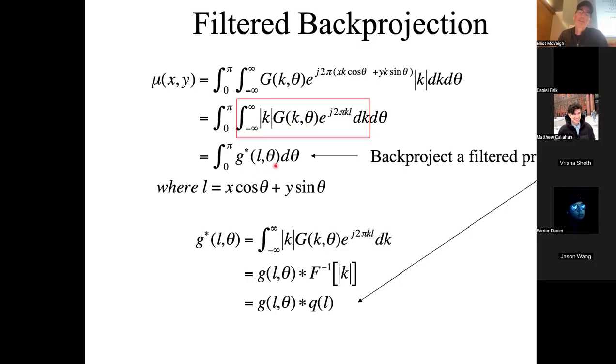And so that gives me something related to GL theta, but we put a star there because it is not GL theta. It's this thing. Okay. And so that's written explicitly here that this G star L theta is the inverse Fourier transform of what we got from GL theta by taking the Fourier transform times absolute value of k.